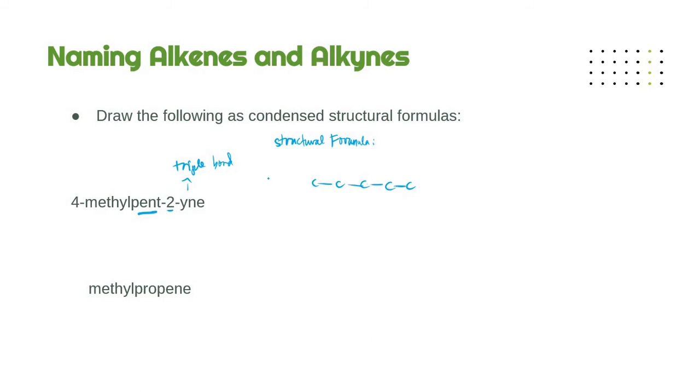And then it's 1, 2, 3, 4, 5. So your triple bond is at 2. You make your triple bond here, and then your methyl branch is at 4. I want to write it like this. So just add the H. Okay, that's it.